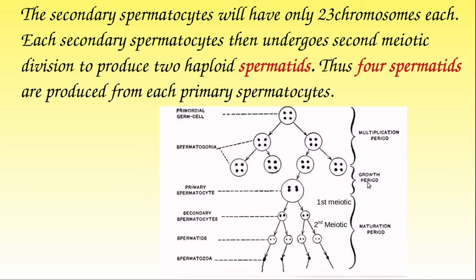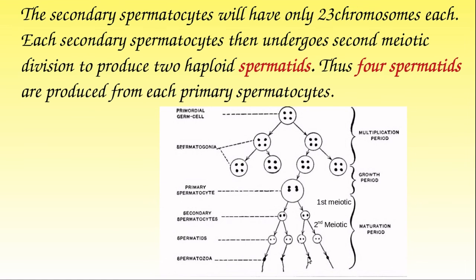There is a growth phase. Next, each primary spermatocyte undergoes the first meiotic division to produce secondary spermatocytes, which are haploid. Each secondary spermatocyte undergoes the second meiotic division to produce spermatids, which are haploid. Now each spermatid gets transformed into a functional sperm, and that is called spermiogenesis.